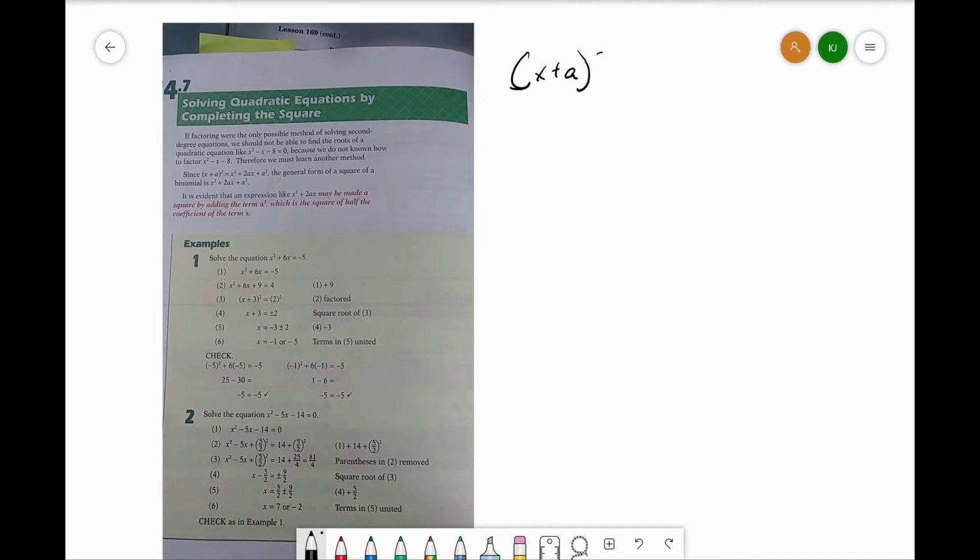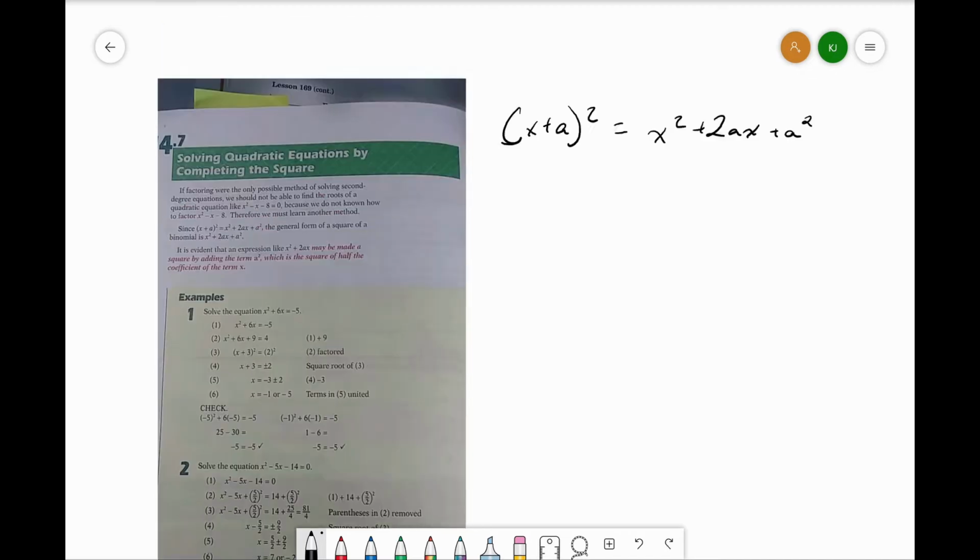Since (x plus a) squared is equal to x squared plus 2ax plus a squared, the general form of a square of a binomial is x squared plus 2ax plus a squared. So it is evident that an expression like x squared plus 2ax may be made a square by adding the term a squared, which is the square of half the coefficient of the term x.